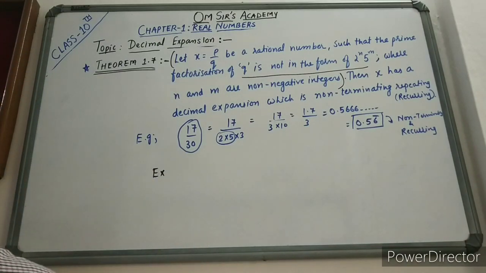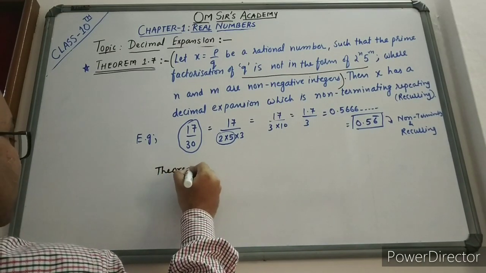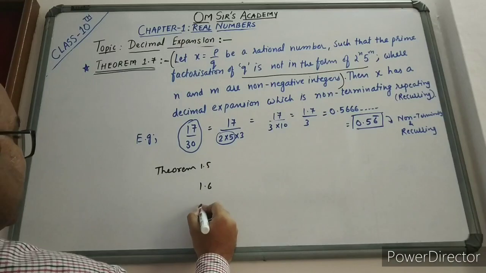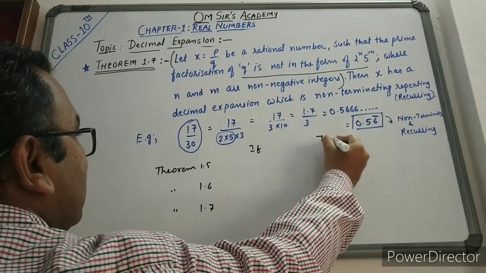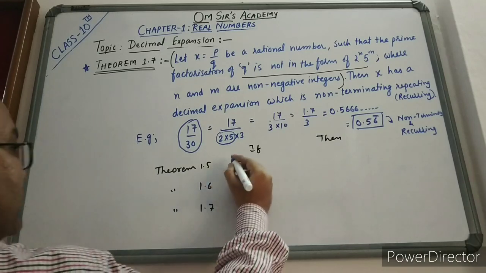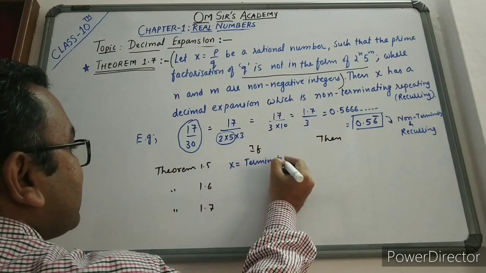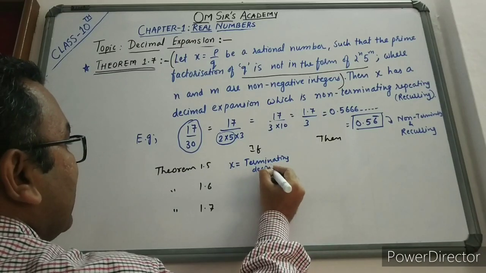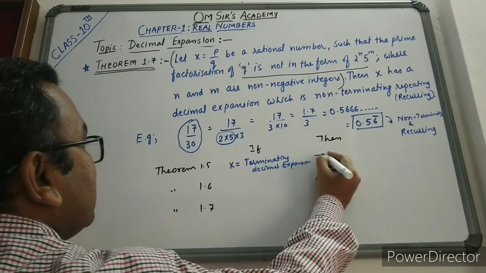Theorem 1.5, theorem 1.6 and theorem 1.7. If and then. Okay, what will be given and what will happen? So in theorem 1.5, what was that? That if x is having a terminating decimal expansion, then what will happen?